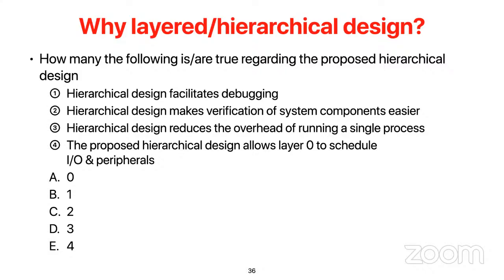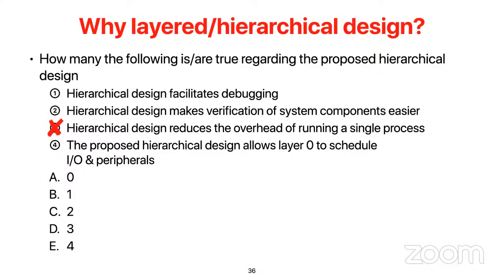And you have 5 layers, right? So if I want to change the processor allocation, then I have to do 1, 2, 3, 4 switches to reach layer 0, right? So that would take a lot of overhead. So it's definitely having more overhead than just having one layer, right? And how about 4?